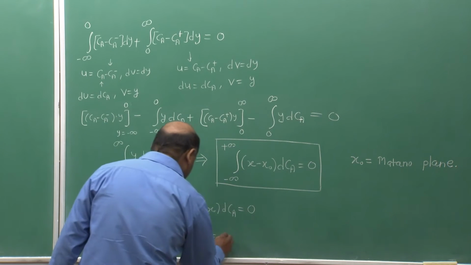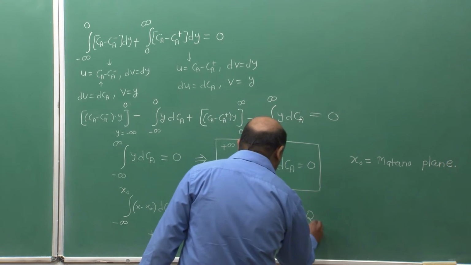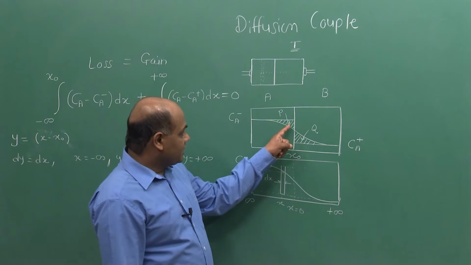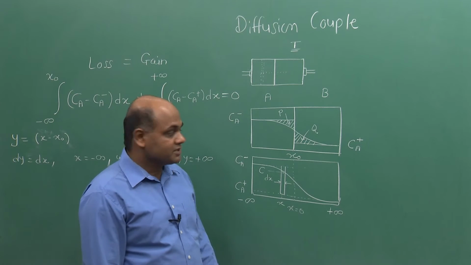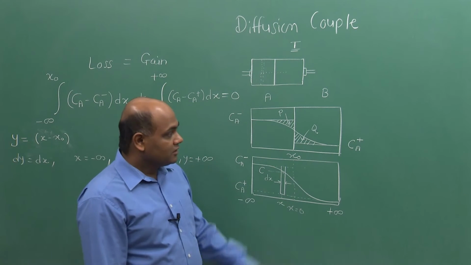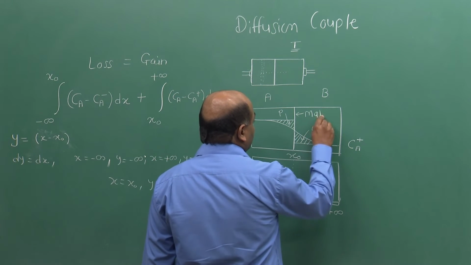So, P minus Q is equal to 0, which means area P should be equal to area Q. So, area P on the left should be equal to area Q, and this is how we can locate the initial contact plane, which is also referred to as Matano plane.